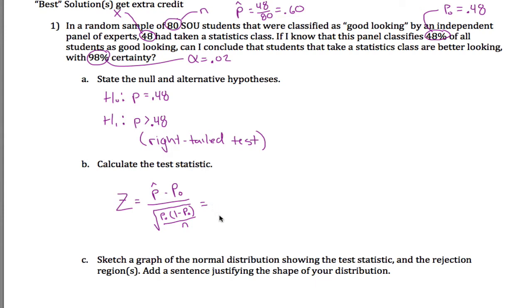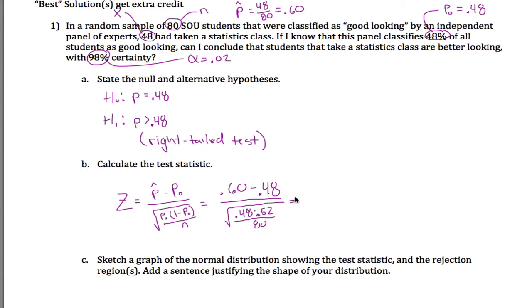So we can calculate that. P hat is equal to 0.60, P naught is equal to 0.48, and I need to divide by the square root of 0.48 times 0.52 divided by n, which is 80.